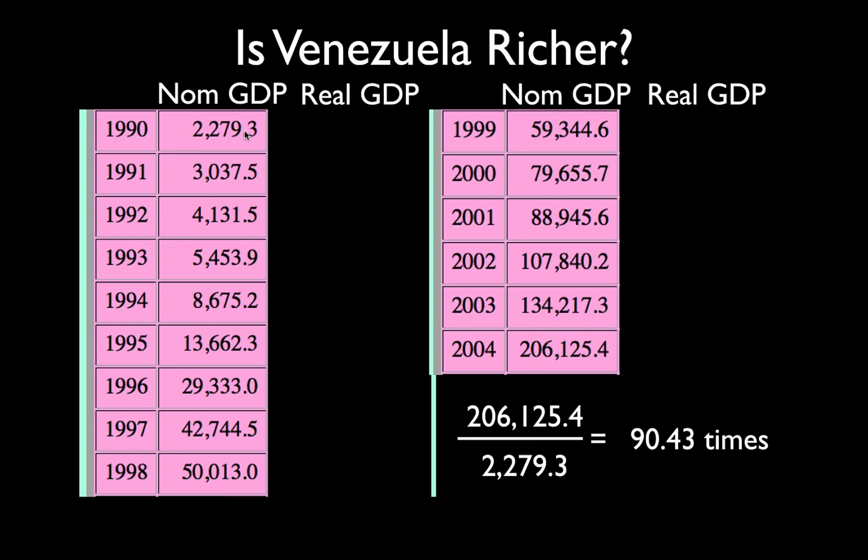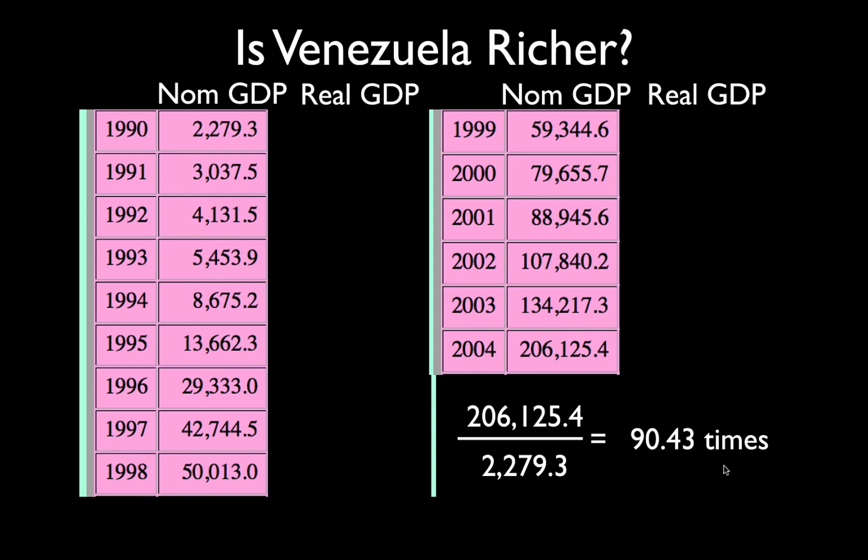GDP in 1990. And that means that the average standard of living in the country, if these are accurate reflections of changes in our standard of living, accurate reflection in changes in our ability to consume brought about by changes in production, is 90.43.